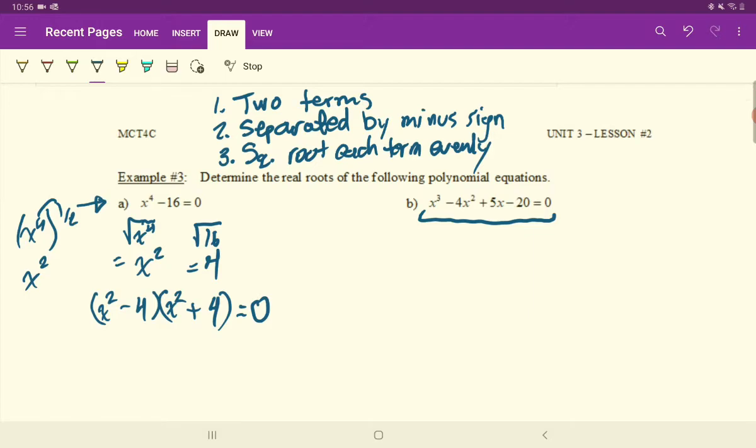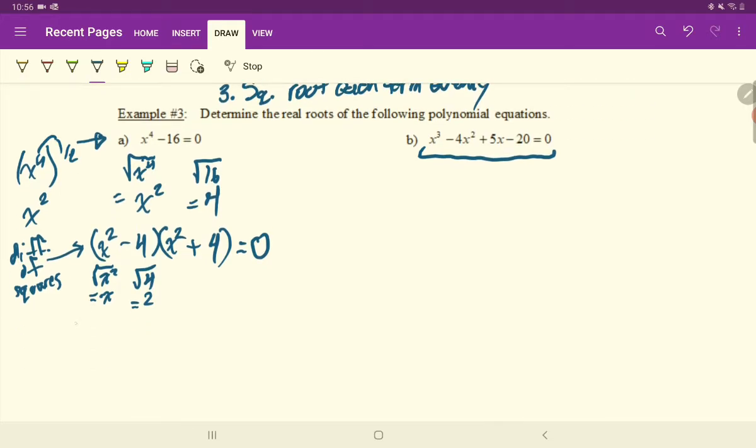I hope you can see that while x squared plus 4 is good to go, we can't do anything with that, we actually have another difference of squares here. We have to actually factor it again. So we have to factor that bracket again. So we're going to square root x squared, which is x. We're going to square root 4, which is 2.